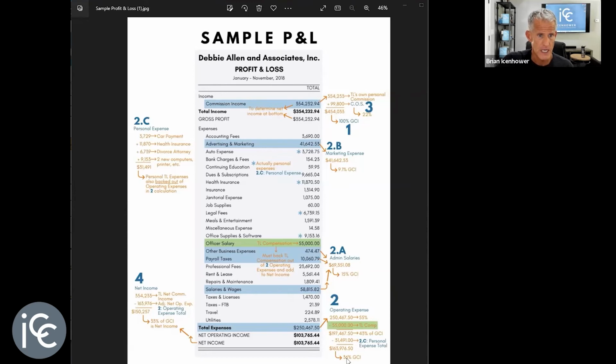Because remember, we took the TL compensation out and that got us from 250 in operating expenses down to 197, which was 43% of GCI. Then we backed out all that personal stuff of 31,000 to get us down to 163 and change, which brought us down to 36% of GCI.